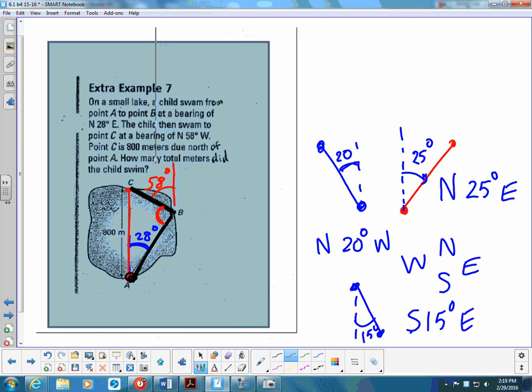We need this angle because that's the angle across from the side that we know, right? So can we figure out what that angle is going to be? That wasn't given to us. This is where you use all of your fine geometry skills, right?